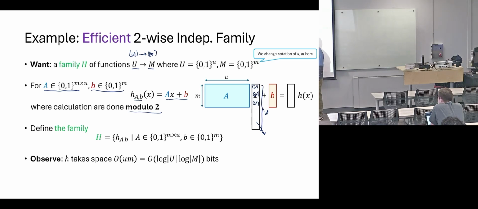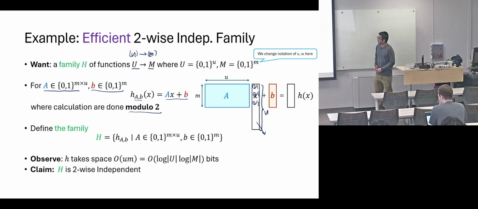So this actually takes space polylog in the size of the domain and range. Okay, so the space to represent h is small, polylog.